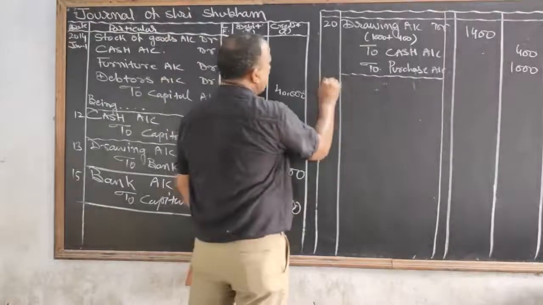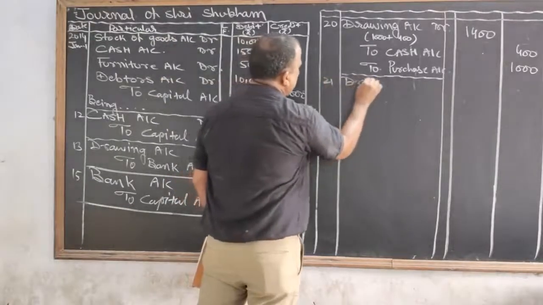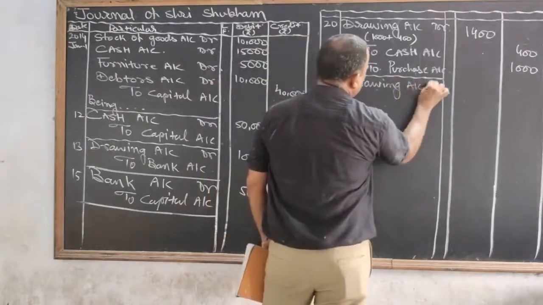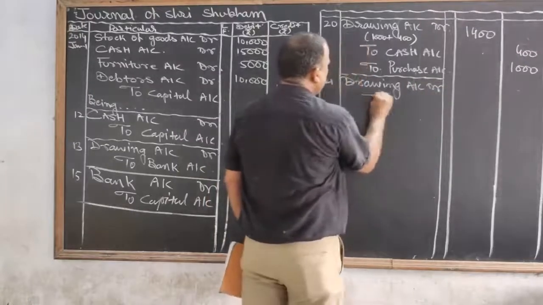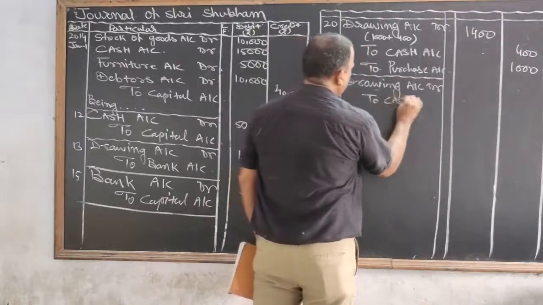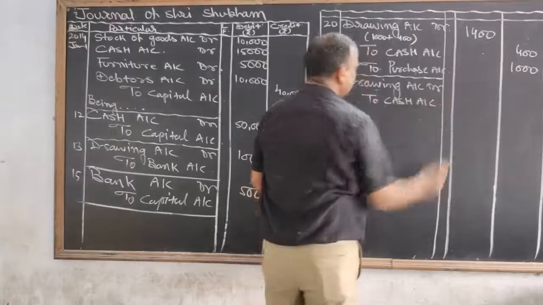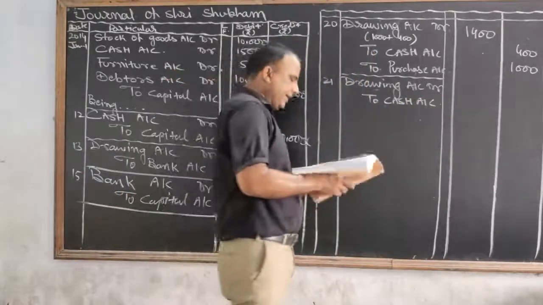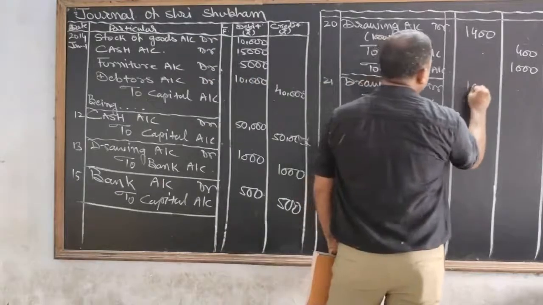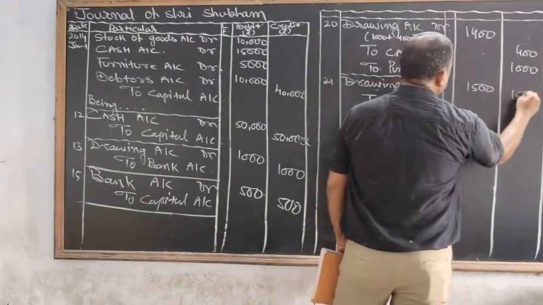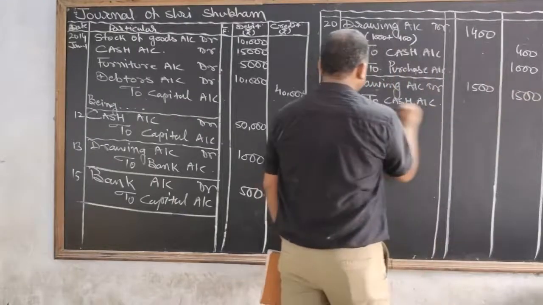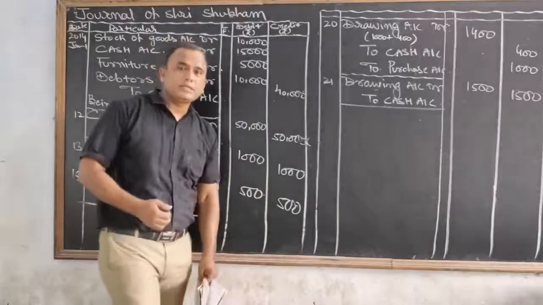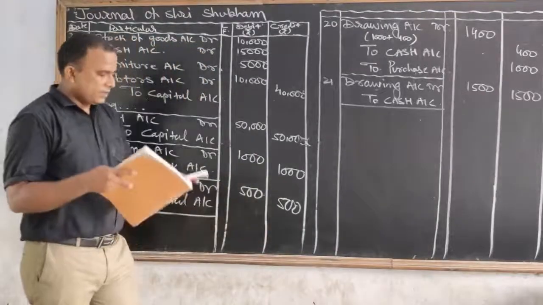First one, personal expense, that's why drawing account DR to cash account 1500 and 1500. Being paid traveling expense for daughter.